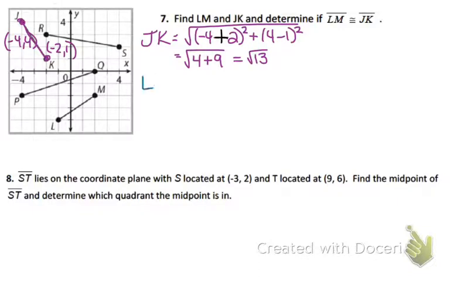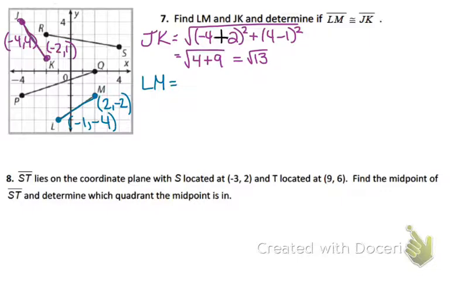Now let's do LM. My ordered pair for L is (-1, -4), and M is (2, -2).